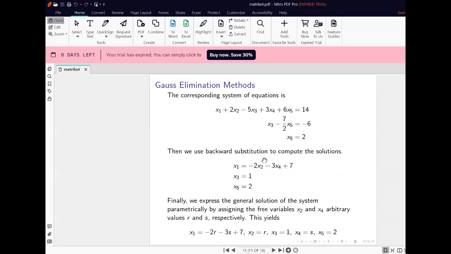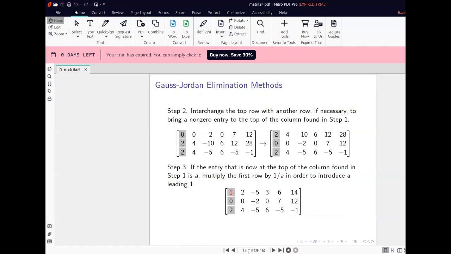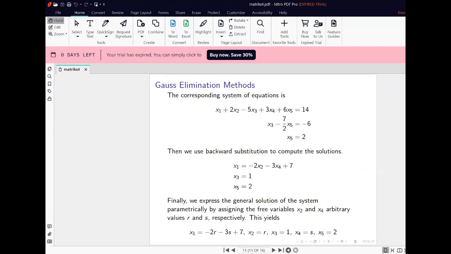You can make the variable x2 parameter r, and x4 parameter s. So we have x1 is equal to minus 2r minus 3s plus 7, x2 is equal to r, x3 is equal to 1, x4 is equal to s, and x5 is equal to 2.